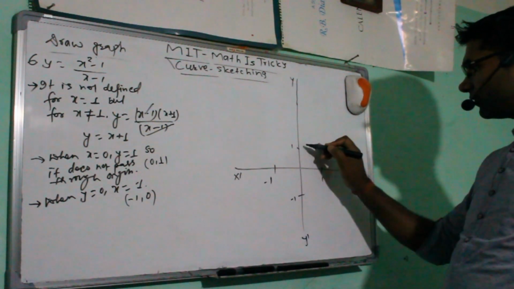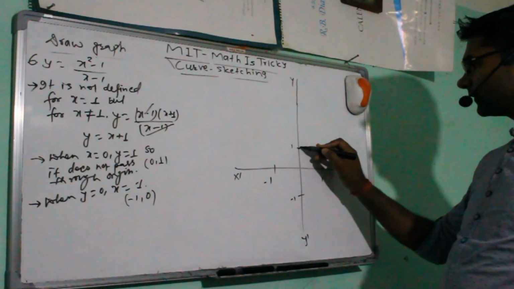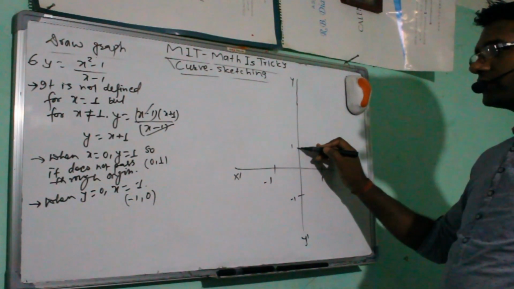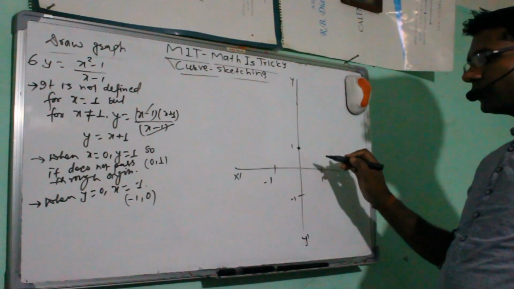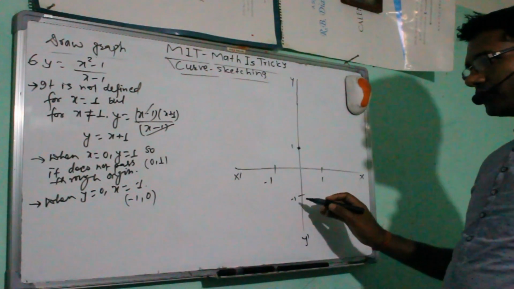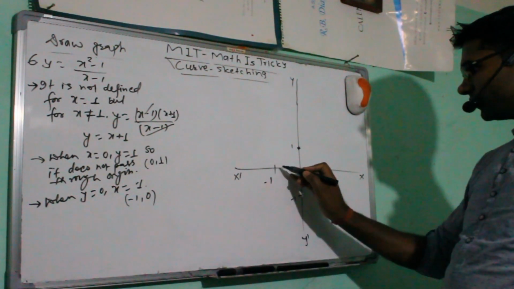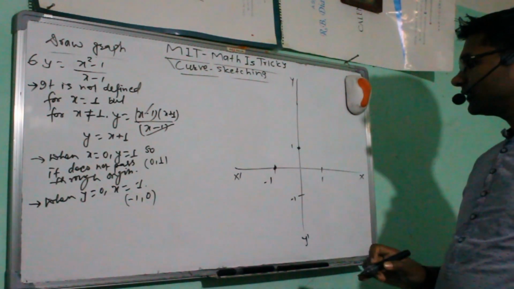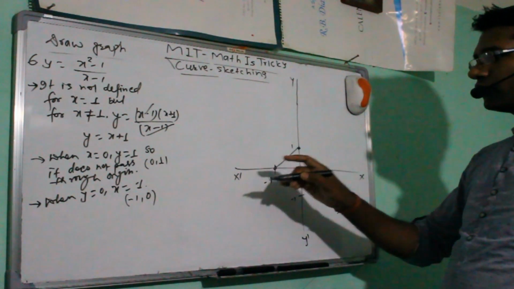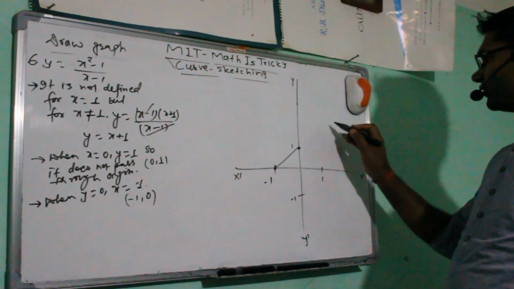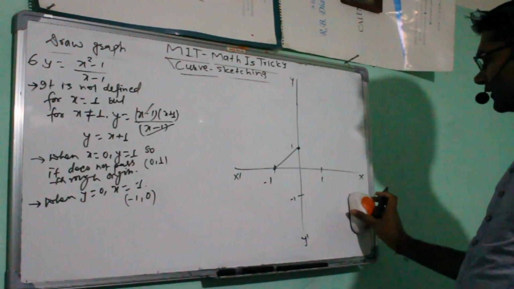It passes through (0, 1), isn't it? And then (minus 1, 0) here. Now we can join this. For x equals 1 there is no value, so I'll put this.